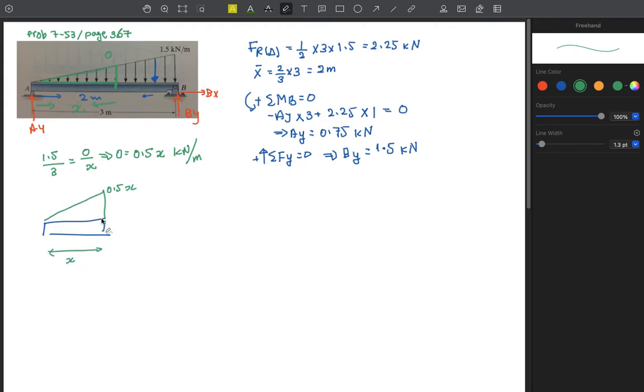Then the value of the concentrated load FR for this small triangle equals half multiplied by x multiplied by the height 0.5x. This is 1 over 2 times 1 over 2, so this is 1 over 4 x squared.